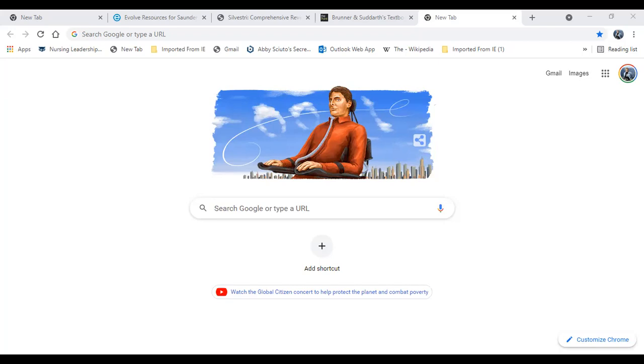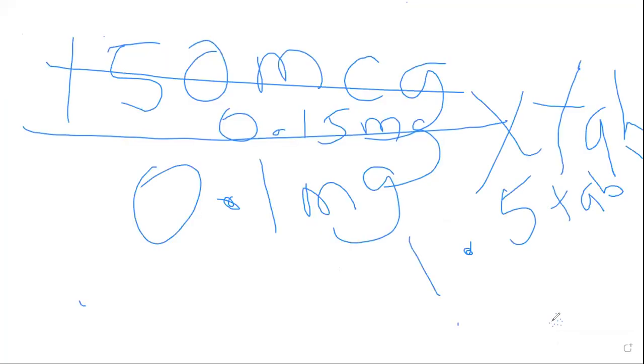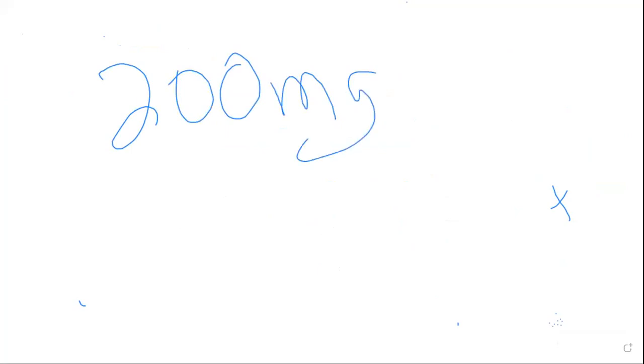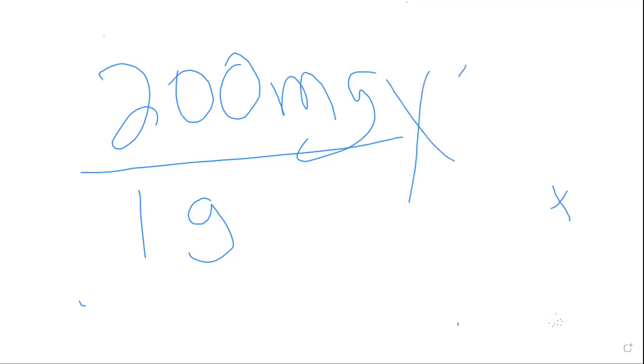Okay, so let's go to our whiteboard. Our order is 200 milligrams. What we have on hand is 1 gram per 3 mLs. Now we're just going to convert. You can either convert the milligrams to grams or the gram to milligrams.